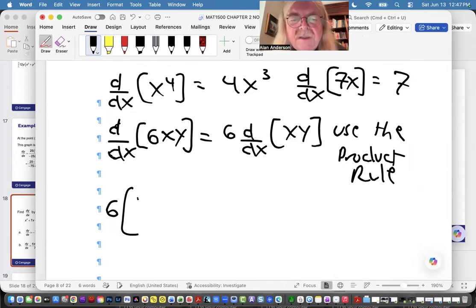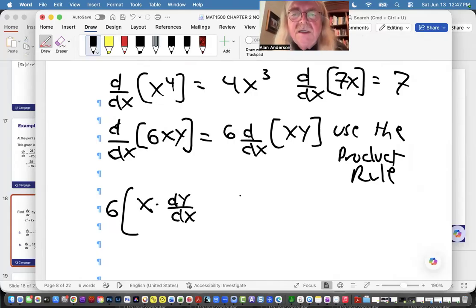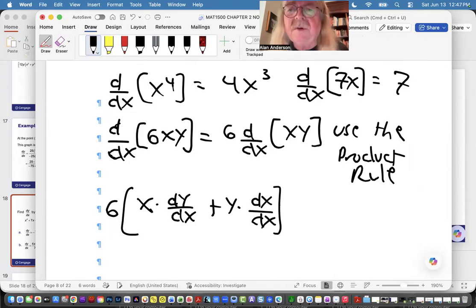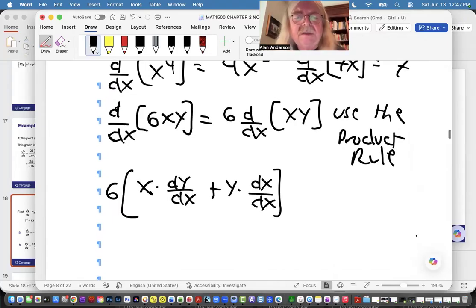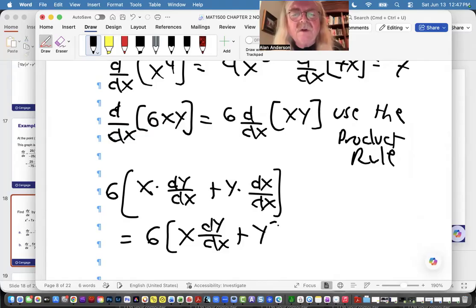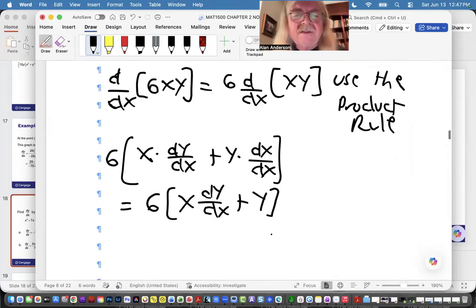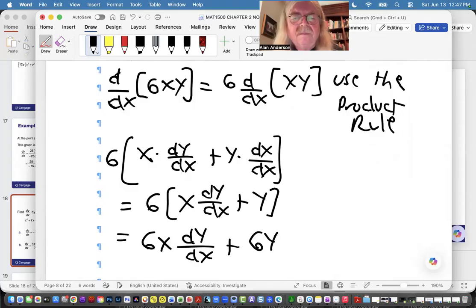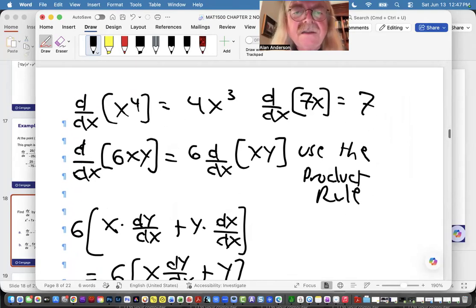So we have the first term times the derivative of the second, which is just dy/dx, and then the second term times the derivative of the first. Now, technically that's dx/dx, but we know that it's just 1. So we can just rewrite that as y, and then we multiply everything by that 6. Okay, so that's that term.